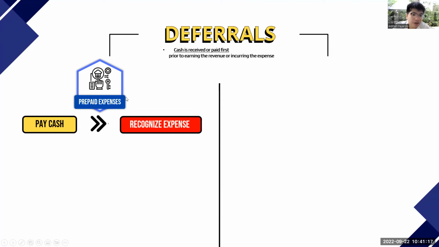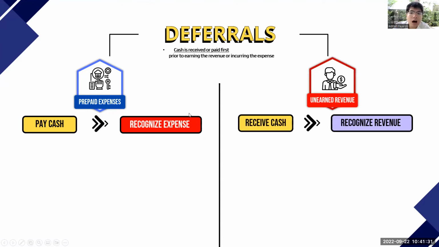In this first scenario, at the start, you pay cash, and then later mo na i-recognize si expense, right? So again, nauuna si cash. The second scenario talks about what we call unearned revenue, meaning you first receive cash and then later mo na nire-recognize si revenue, right?